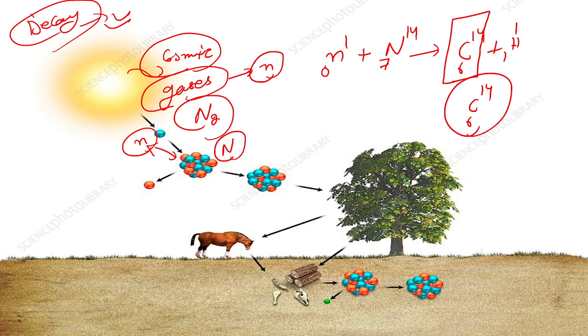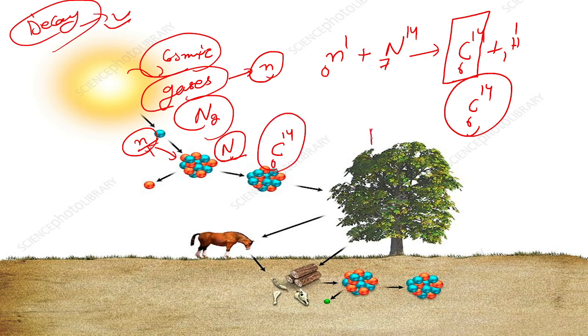If you are a science student, then you will easily get it in your mind what is going on here. Cosmic rays induce a neutron, and that neutron combines with the nitrogen atom that is already present in our atmosphere. When that nitrogen combines with that neutron, it creates a new radio element, or we can say an isotope of carbon, that is C-14.